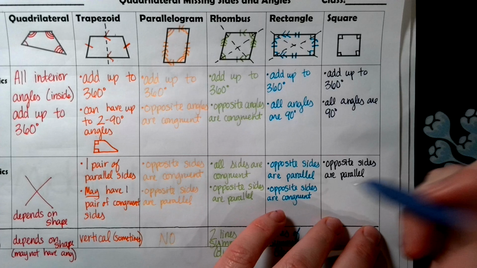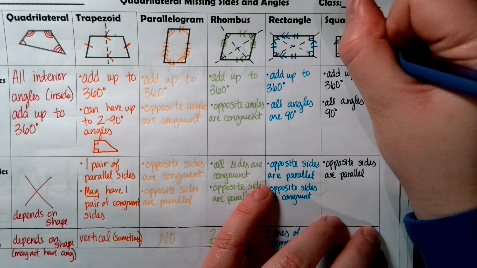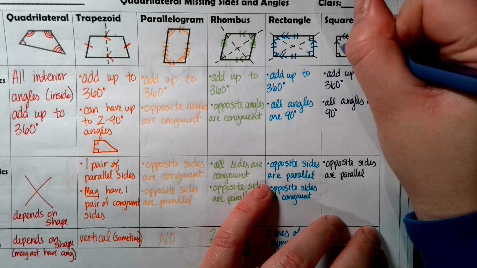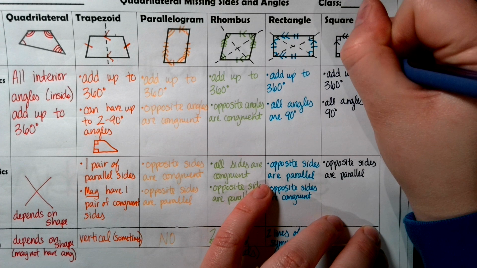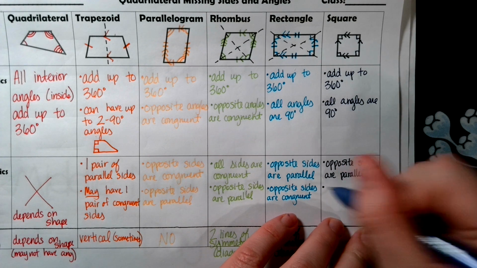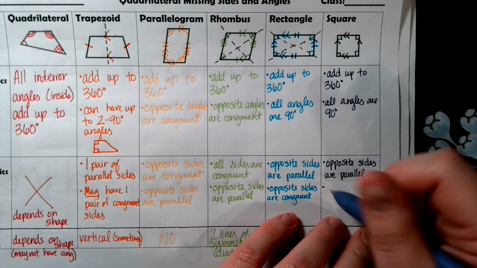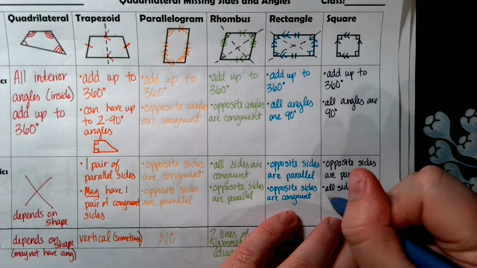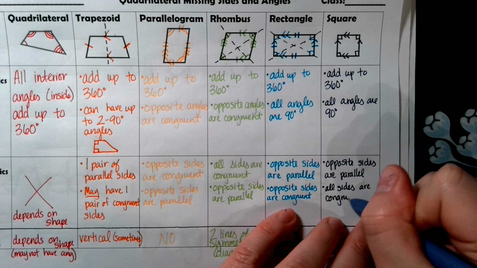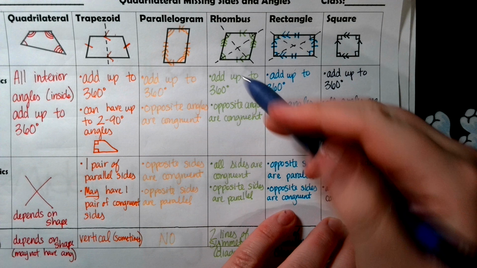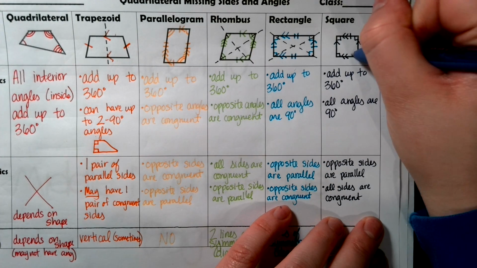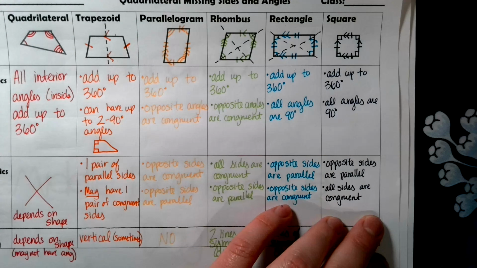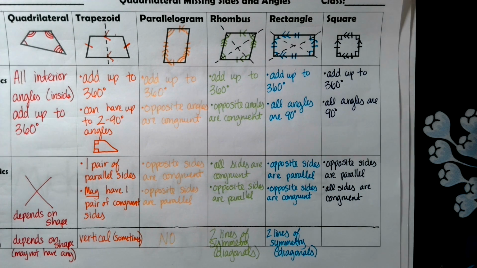The left and the right are parallel to each other, and the top and the bottom are parallel to each other. All sides are congruent. So like the rhombus, the top, the bottom, the left, the right, they're all the exact same side length on a square.